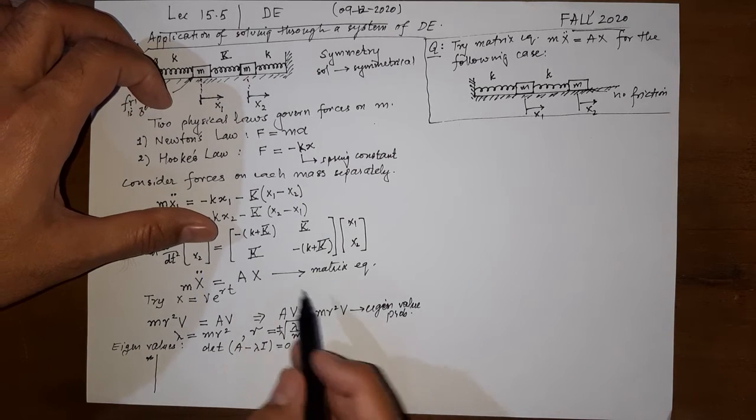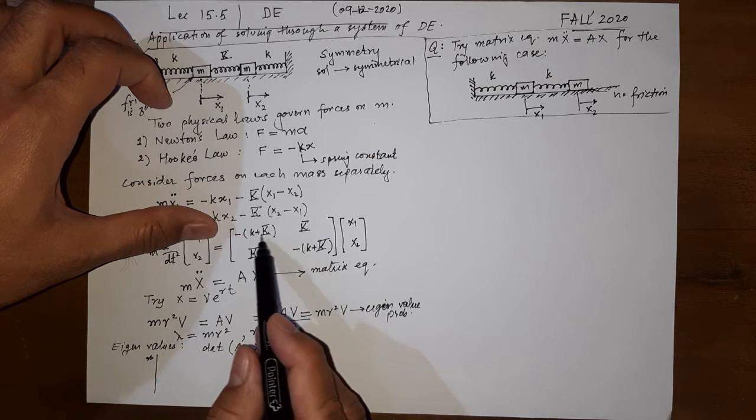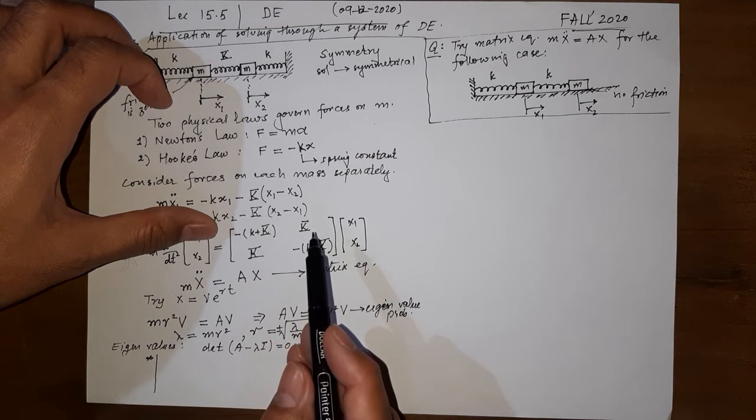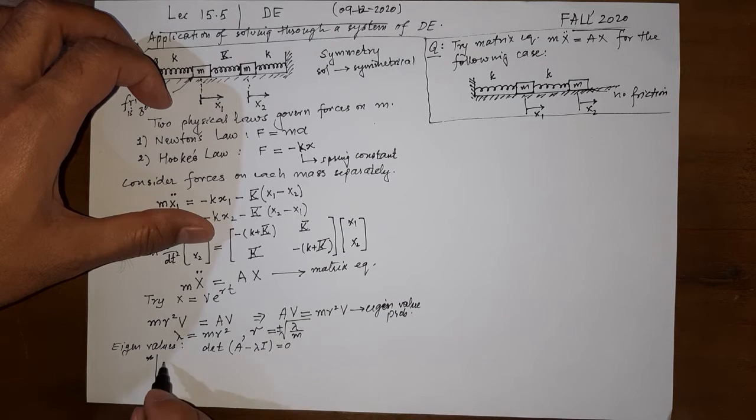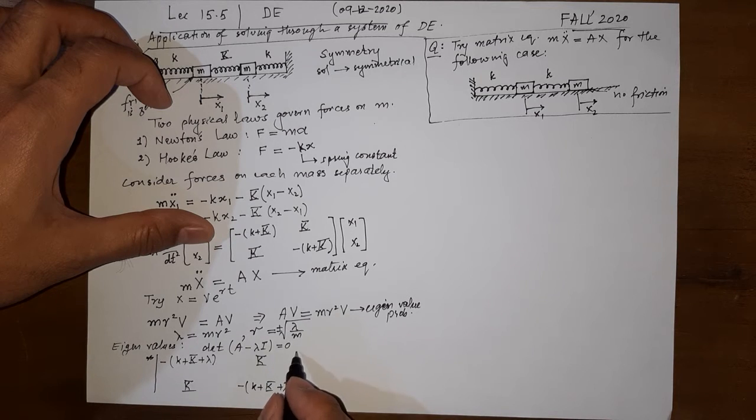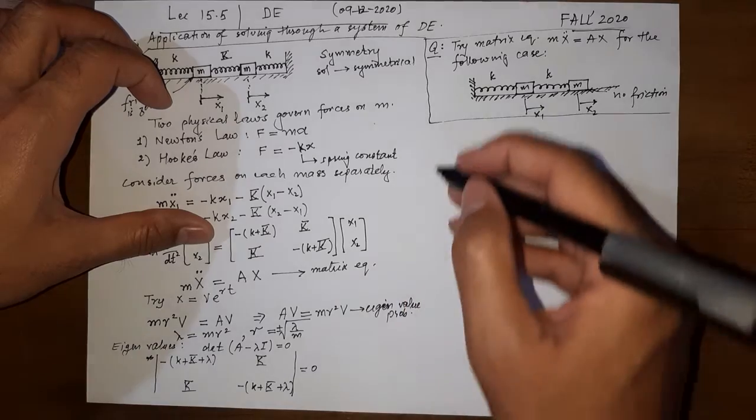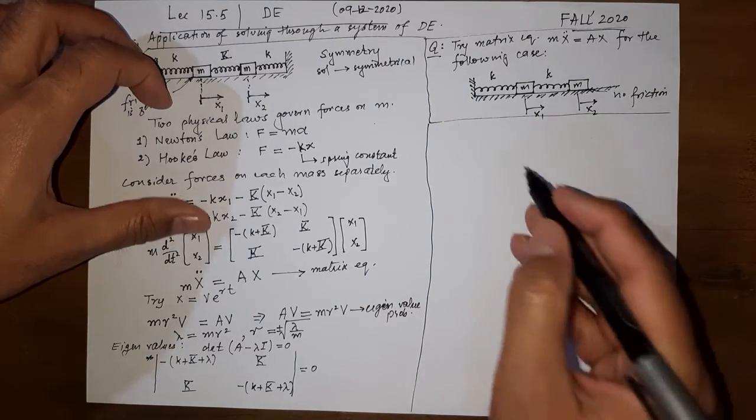The first element of A minus lambda I would be minus k minus capital K plus lambda, this term is the same as well because of symmetry, and the off-diagonal terms are the same as in the original matrix.